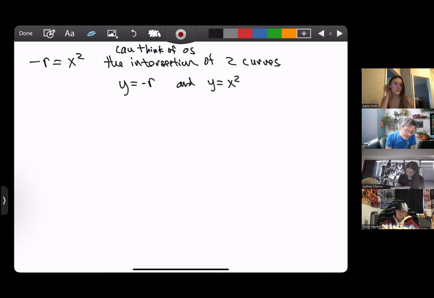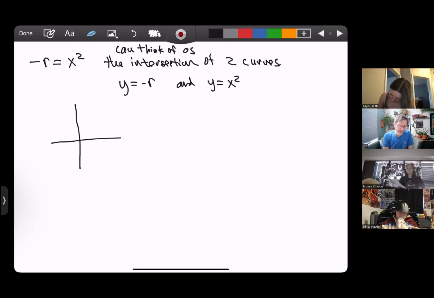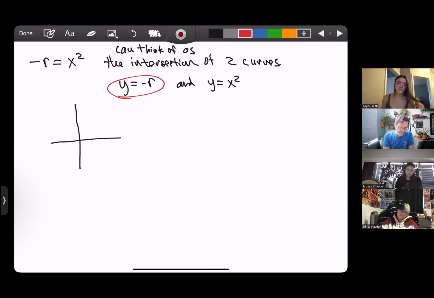So then you sketch these out. And we're going to come over here, and we've got y equals negative r. Now I've got different cases. Let's say that r is positive. So that y equals negative r looks like this, and this is negative r right here.